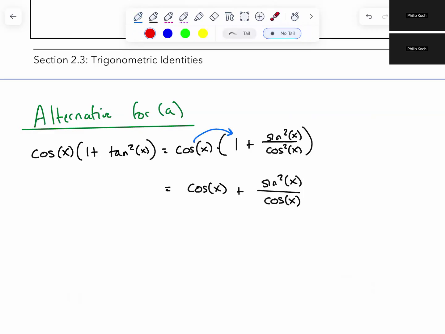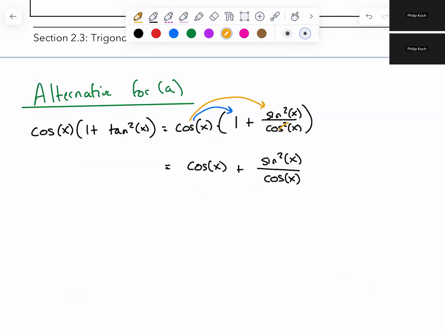That's where I got the cosine of x. And then when I did it to the second one, it canceled one of the cosines. But it doesn't affect the sine squared, right? Nope. Because cosine of x is the same thing as cosine of x over 1. So you can cancel diagonally. All right. I guess you're going with numbers, like I get you.